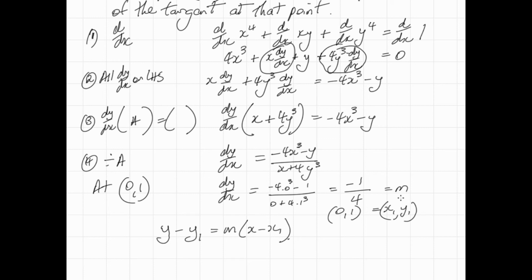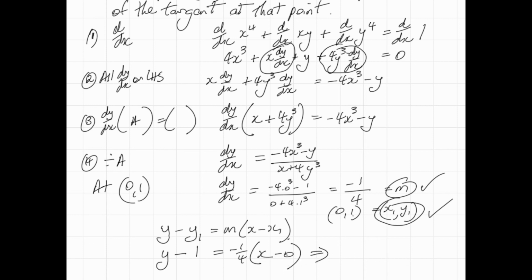So given that it goes through (x1, y1) and has a gradient of m, that's the equation of the line. We just substitute in: y minus 1 equals minus a quarter times (x minus 0).